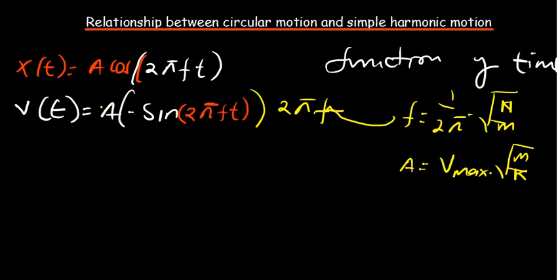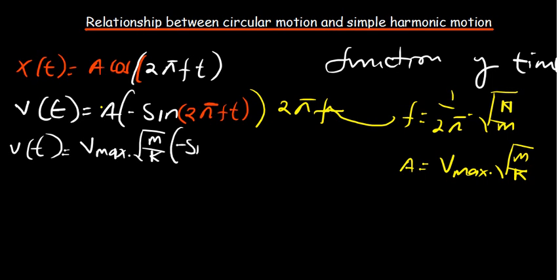So we continue. We are going to have V as a function of t equal to a, and I'm going to replace that with V max times the root of m over k. Then open brackets, negative sign, open brackets, 2 pi f t.